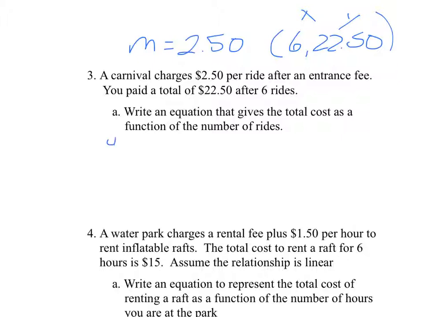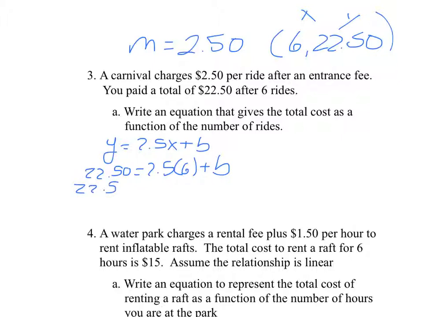So y equals 2.5x plus b. 2250 equals 2.5 times 6 plus b. I'm plugging the x and the y into the problem. When I do that, I get 2250 equaling 15 plus b. Subtract 15 from each side.